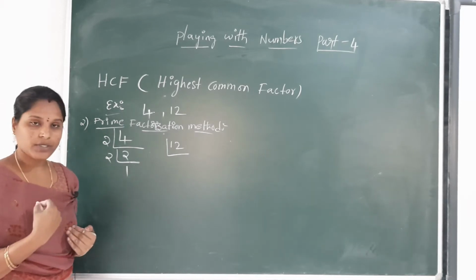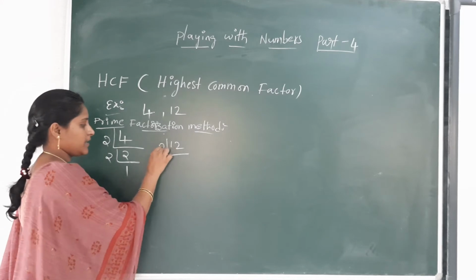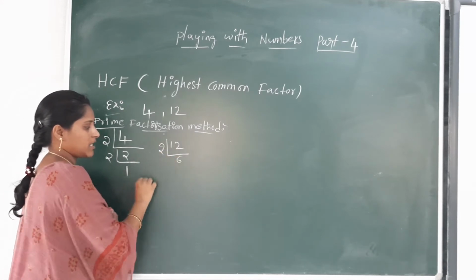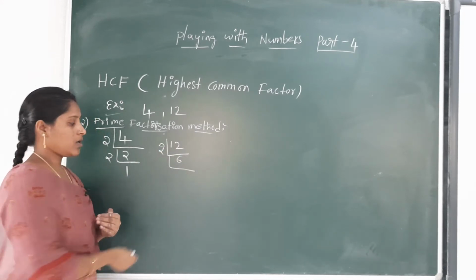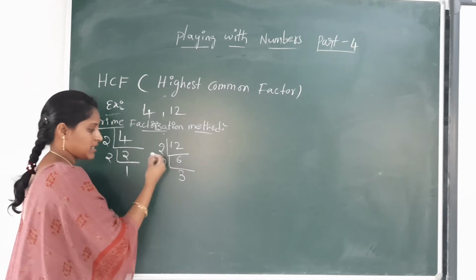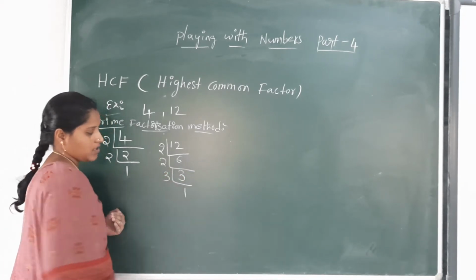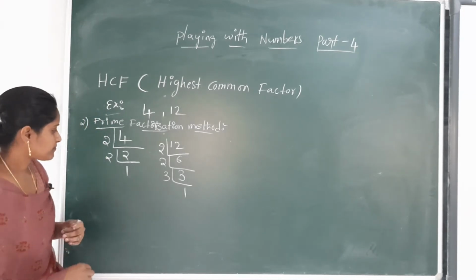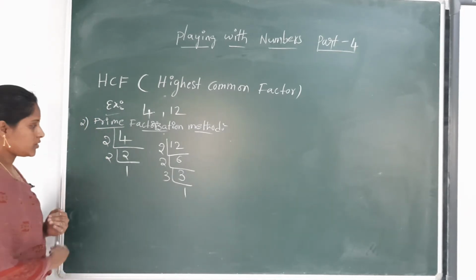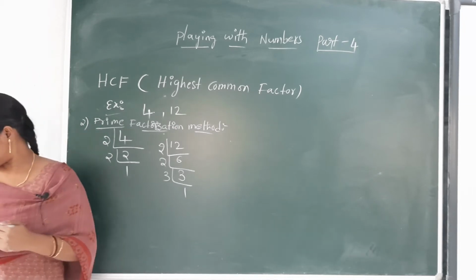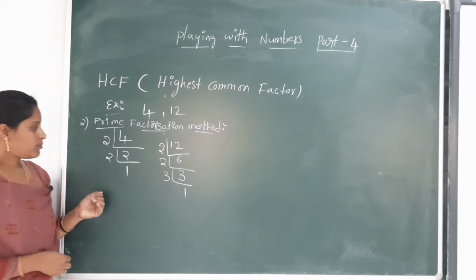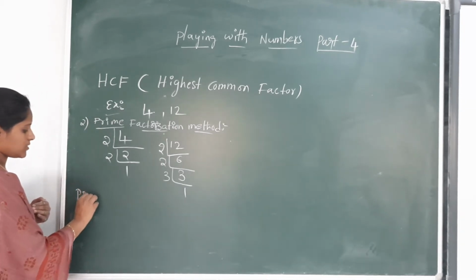So we take 2 as a factor here. 2 in this 6 times, again 6 is an even number, so 2 in this 3 times. 3 is a prime number itself, so 3 is in its 1 time. Next, we write the prime factors for 4 here.